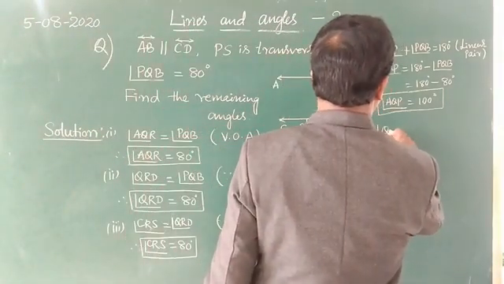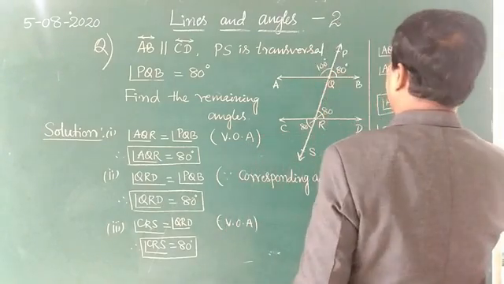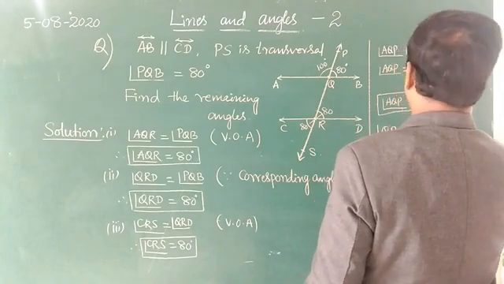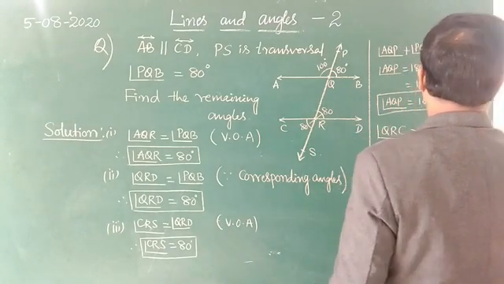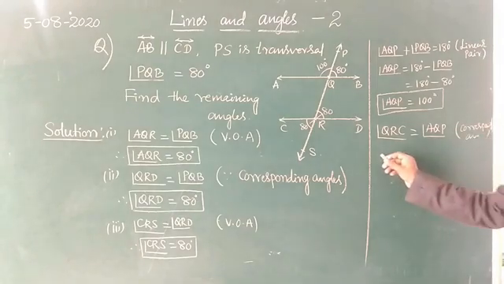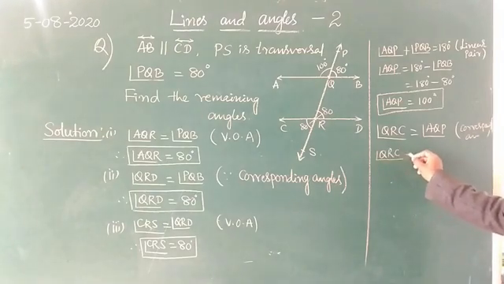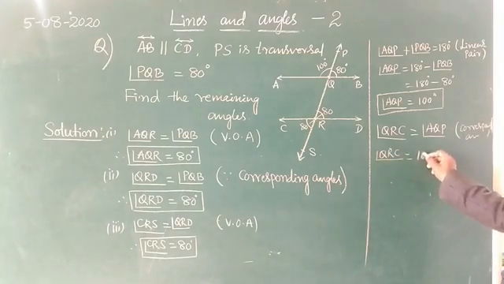Angle QRC is equal to angle AQP. So what is this? Corresponding angles. You should mention this one, corresponding angles, right? Therefore angle QRC is equal to 100 degrees.